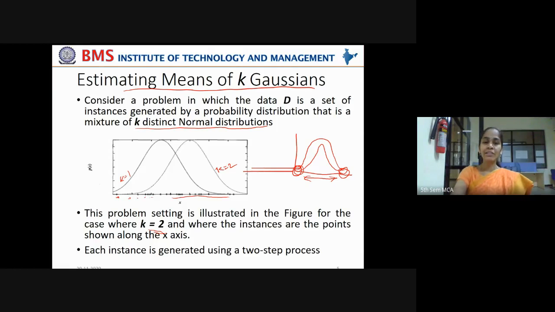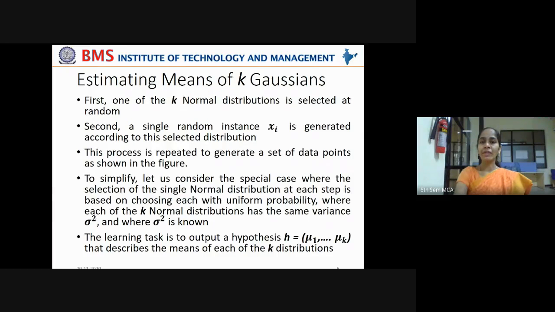Now each instance is generated using a two-step approach. What is the first step? One of the k normal distributions is selected at random. And second, a single random instance xi is generated according to this selected distribution. Now we are just generating some random data in order to study this EM algorithm.